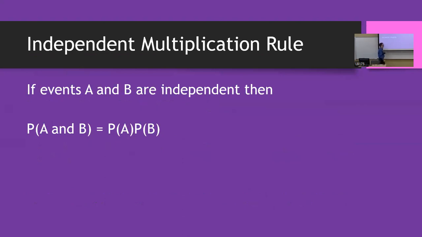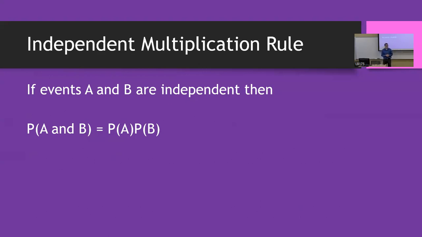Now, the easier of the two rules is the independent multiplication rule. So we're going to start out with that. If events don't affect each other, then the probability of both of them happening is the probability of them individually happening multiplied times each other.